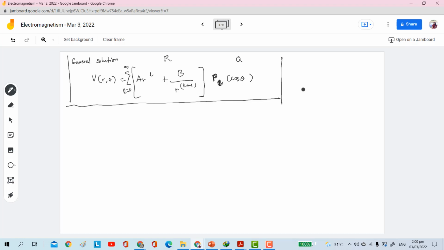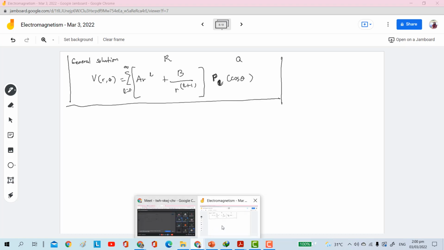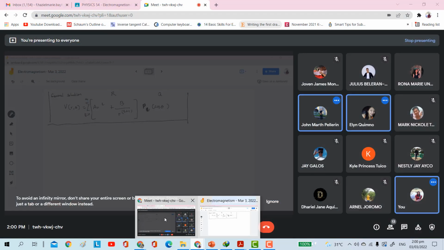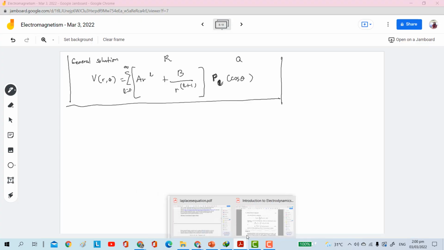Okay, so for example, nakuha na nato ang general solution, no? Kabalo na ta kung unsaon pag-express sa Legendre polynomial. Next is to apply this. Tan-awon ta ug problem diri class.